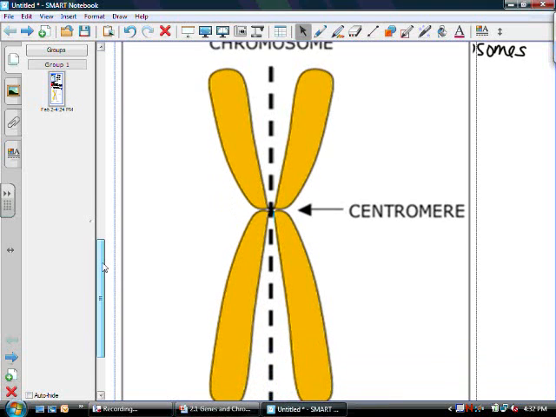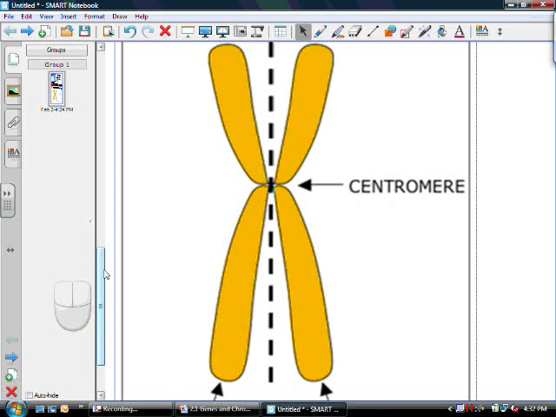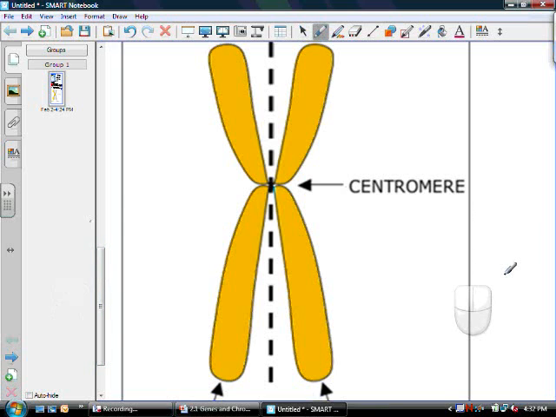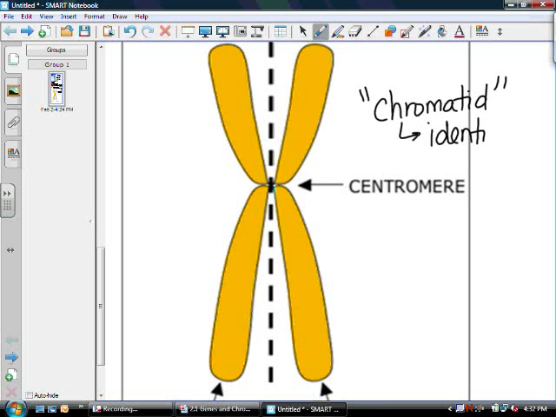What we have here is going to be a chromosome. So now we're changing our word again, and we're talking about a chromosome, this image, or the term chromatid. The word chromatid means that they're identical.